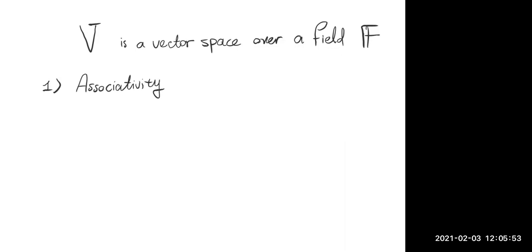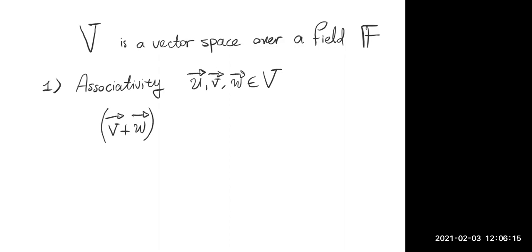By that I mean if you take three vectors u, v, and w in V, we can add vectors together. We can look at v plus w. We have this operation over vectors.